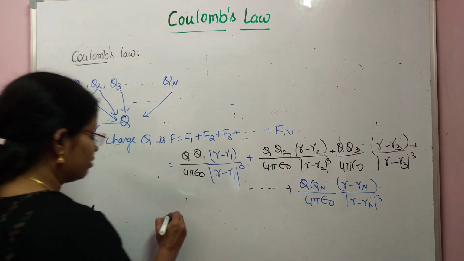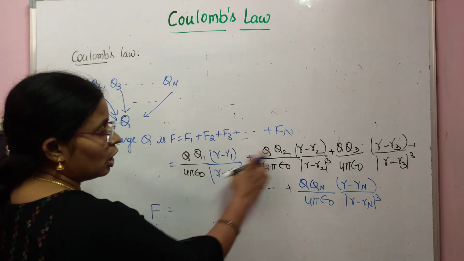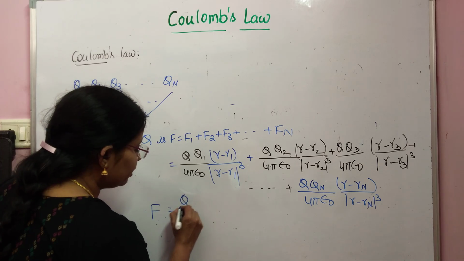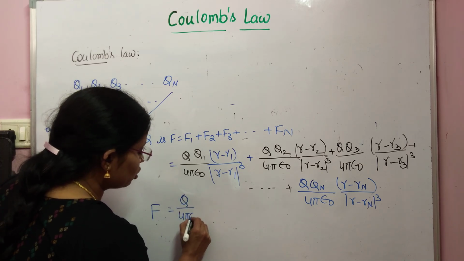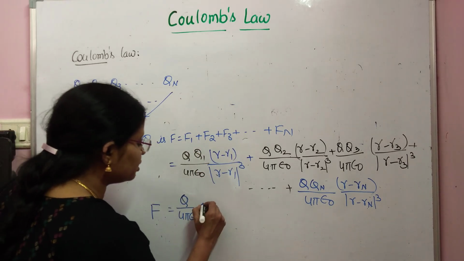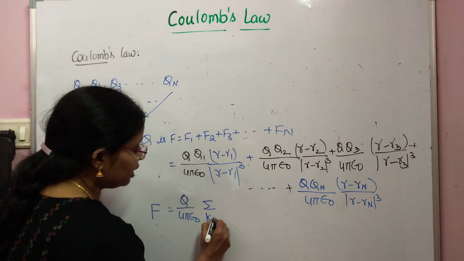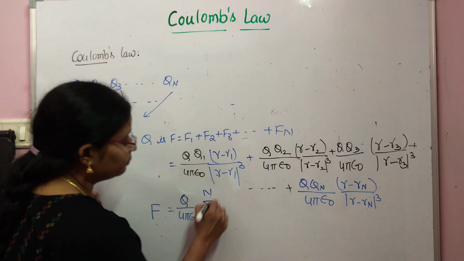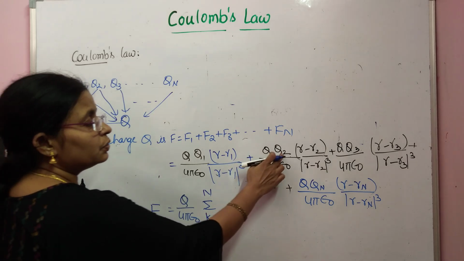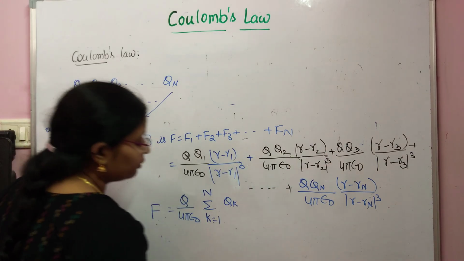Now you can simply write the total force F. In all these terms you can take Q by 4 pi epsilon naught as common. As this is a summation, I'll take one summation symbol with a constant k from 1 to n. Q1, Q2, Q3, Qn you can write as Qk.